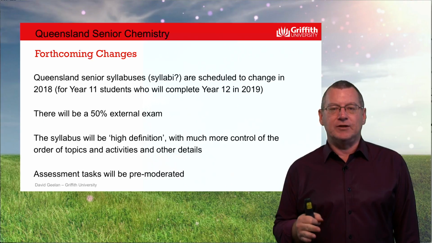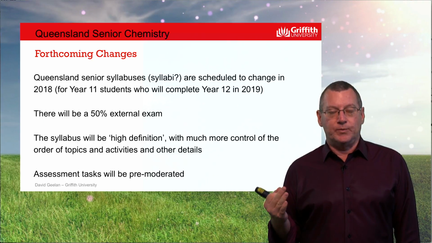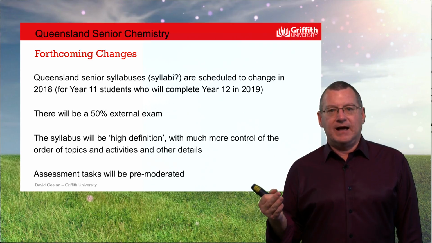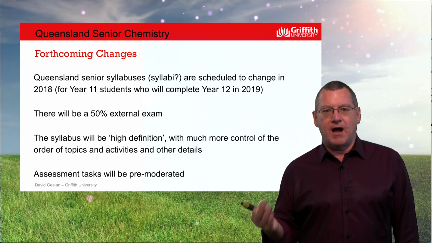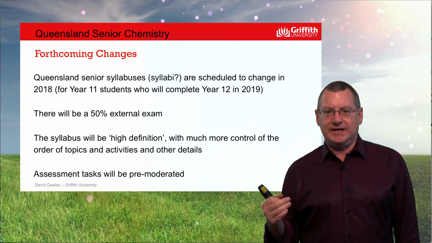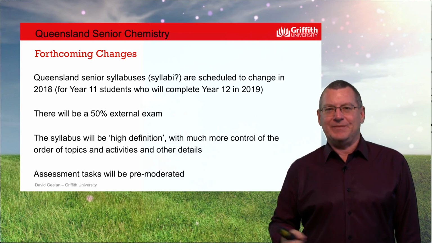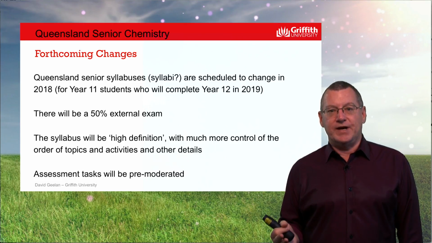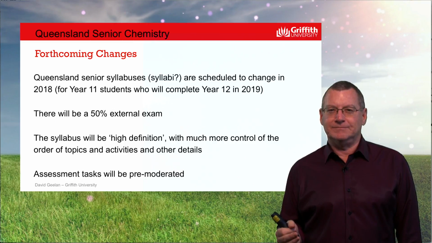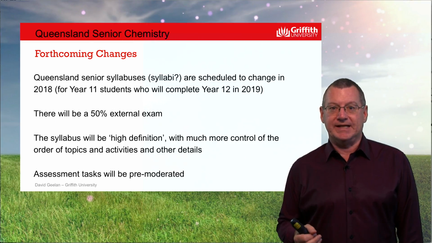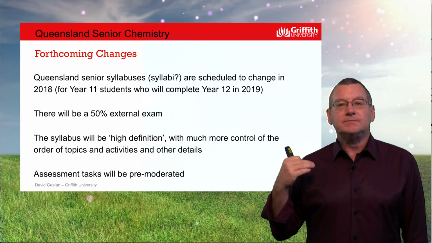It's a way of making sure that in a system which is all internal assessment in schools, a high achievement in the Gold Coast is the same as a high achievement in Mount Isa, is the same as a high achievement anywhere in the state. So that process can be quite laborious, but it's also a fantastic professional learning opportunity to learn how other people are doing assessment and making these judgments.